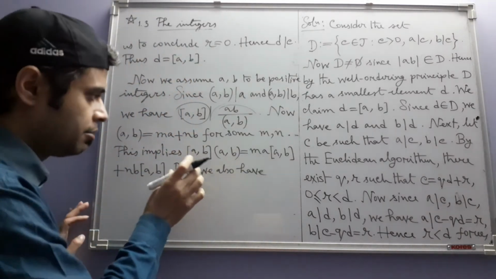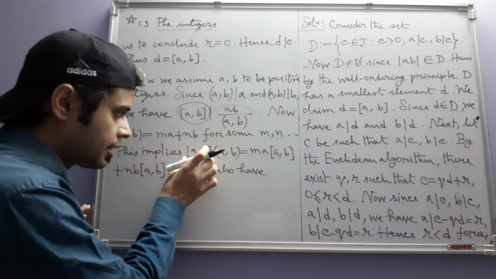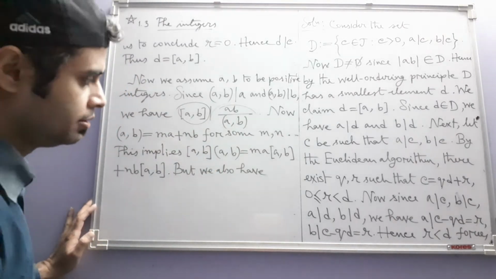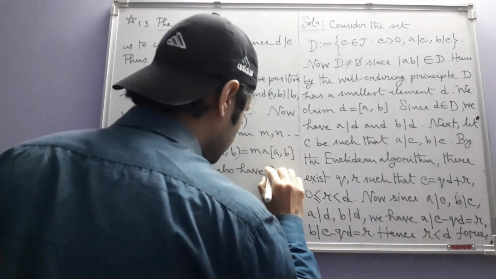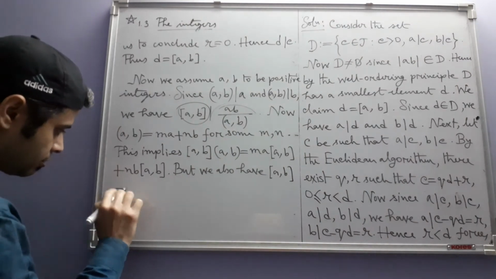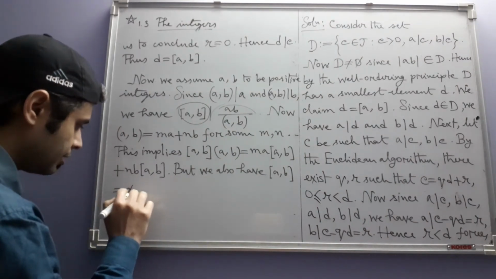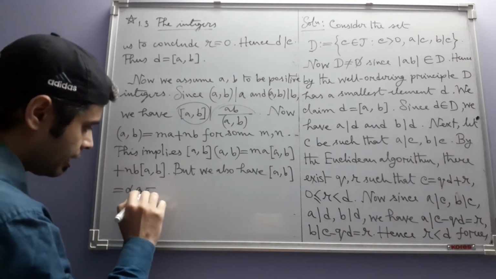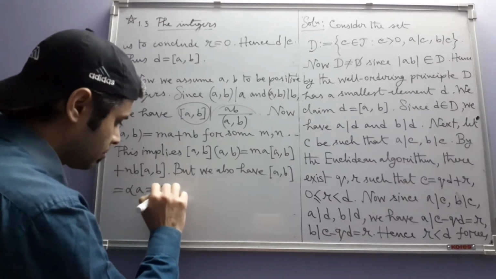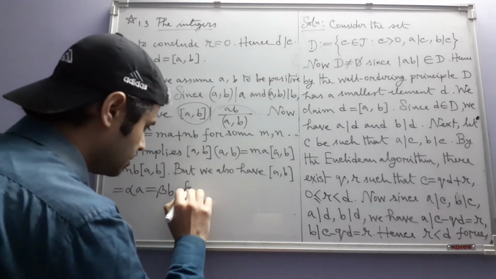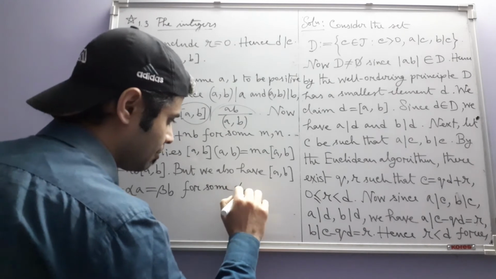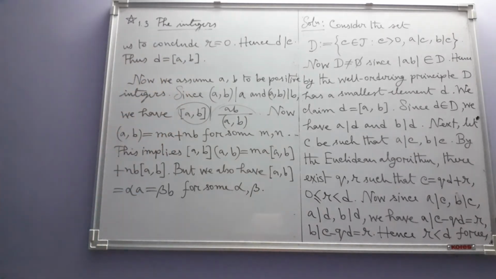Now by definition, this number, the LCM of a and b, is a common multiple of a and b. So it should be a multiple of a. Let me write alpha a, and at the same time it should be a multiple of b, that is beta b, for some integers alpha and beta.